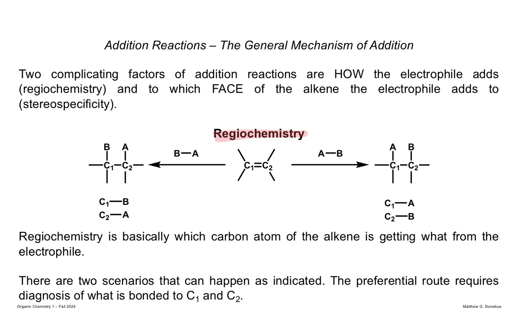So that's shown going to the right or to the left, where carbon 1 is either getting A or B, and then carbon 2, B or A. So that is regiochemistry.